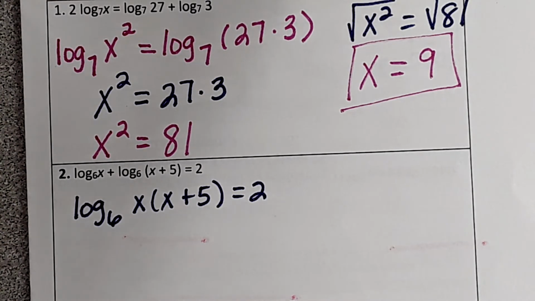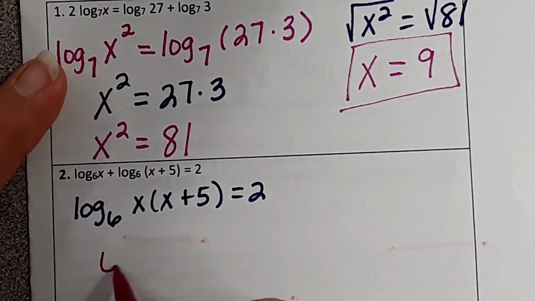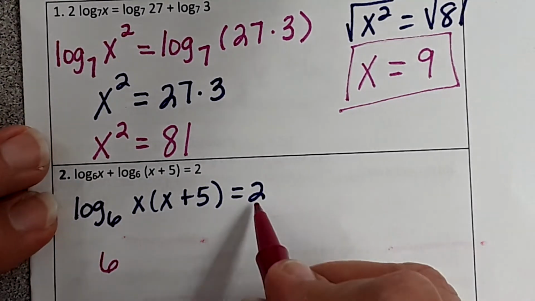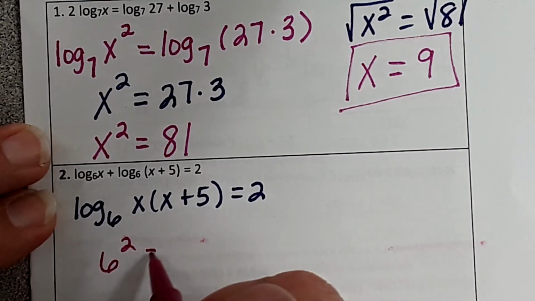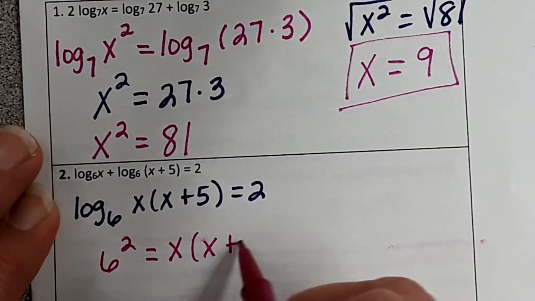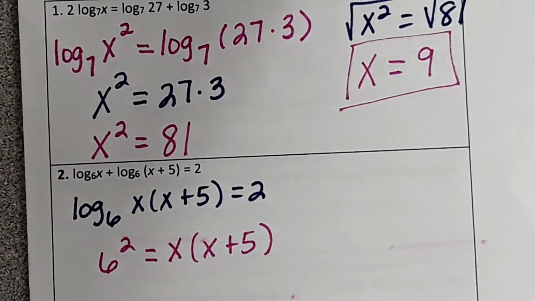Okay, so what is my base? Now I only have one logarithm, so I'm going back to what is my base? 6. What is my exponent? 2 is my exponent, and what does it equal? When there's one logarithm on one side, you go back to that exponential function. What is my base? What is my exponent?